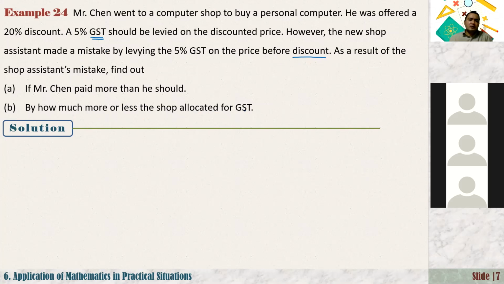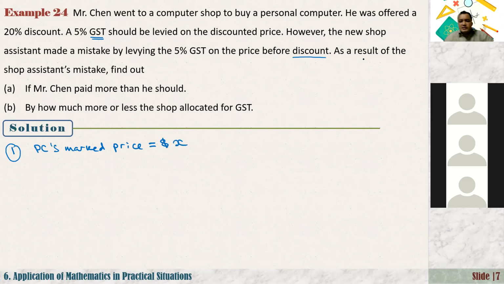Okay. So now what do we know about the computer shop? I can just take it as X dollars, or I can just take one price. It doesn't matter. But here, let's just solve this for the general case. Suppose that the PC's marked price, I mean the price on the price tag, is X dollars.